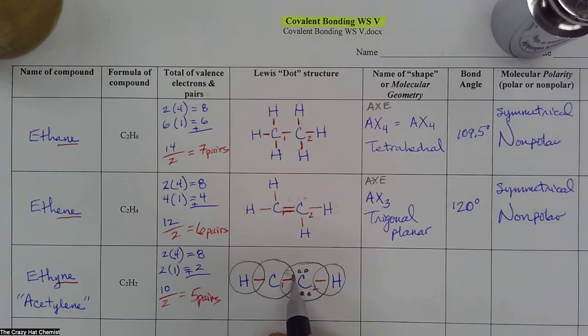So again, I'm going to shade this intersection right here of the 2 carbons, carbon 1 and carbon 2. That's where they're sharing electrons. So this pair of electrons, carbon 1 and carbon 2, are both sharing. Carbon 2 has an octet, carbon 1 does not.